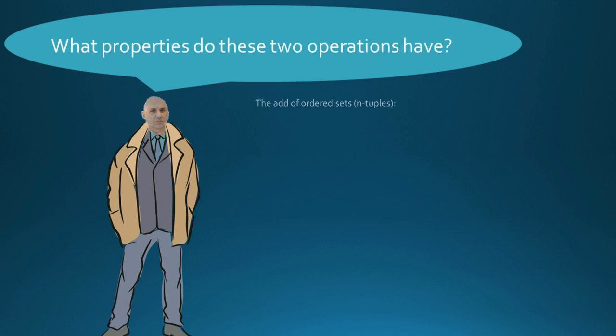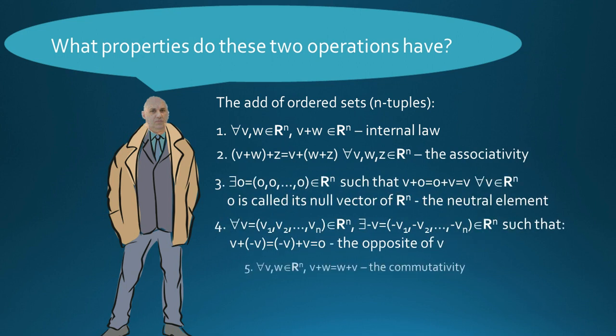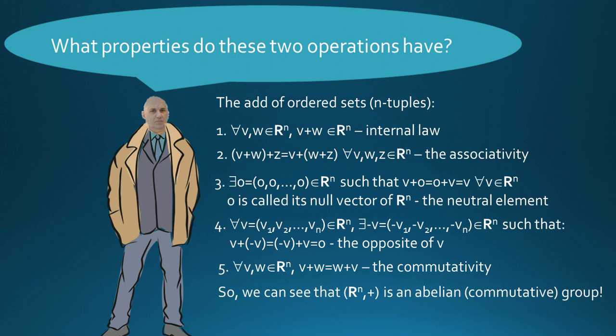What properties do these two operations have? The sum of ordered sets, or tuples. 1. For any v and w in ℝⁿ, v + w is in ℝⁿ, called the internal law. 2. (v + w) + z = v + (w + z) for any v, w, z in ℝⁿ, the associativity. 3.